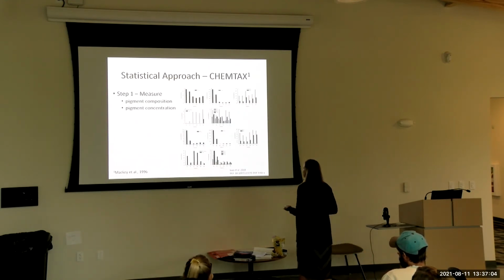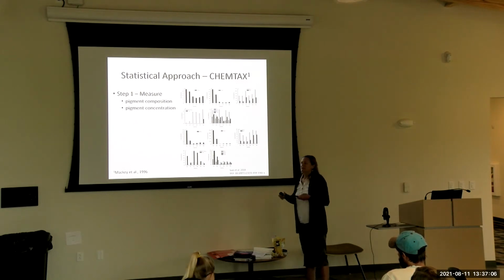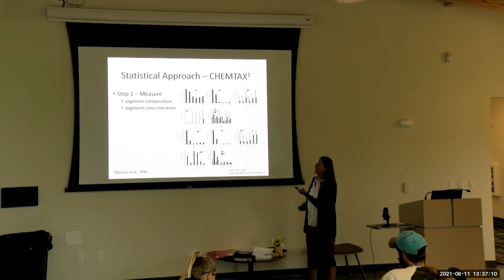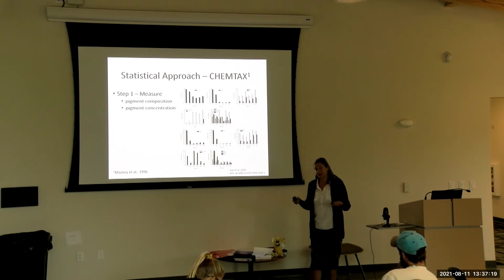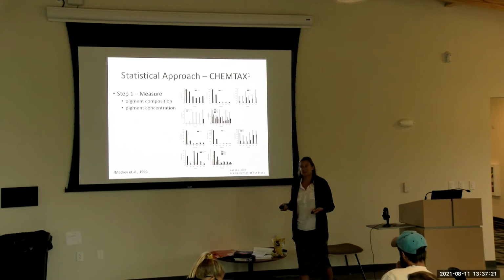So in doing that, you could take a suite of measured pigment composition and pigment concentration from an environment, and you could partition the pigments based upon the ratios that were specific to taxa and come up with estimates of taxa.